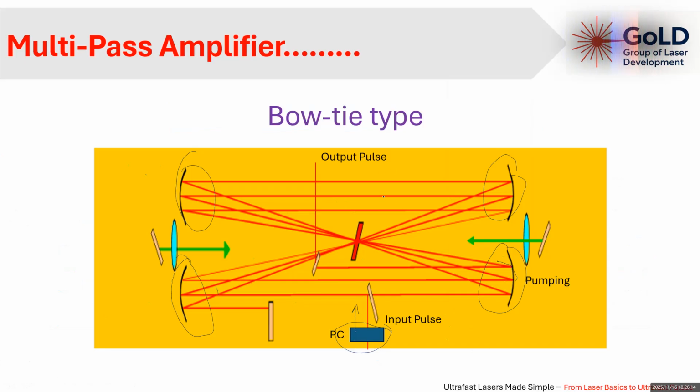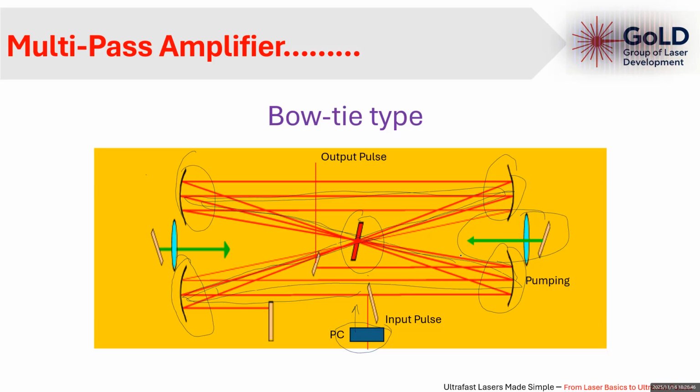This is your crystal, and this one is the pump. The beam enters here, then passes through the crystal, and from here, here, here, here, so it makes probably 6 passes or something. So this is a bow tie type amplifier.